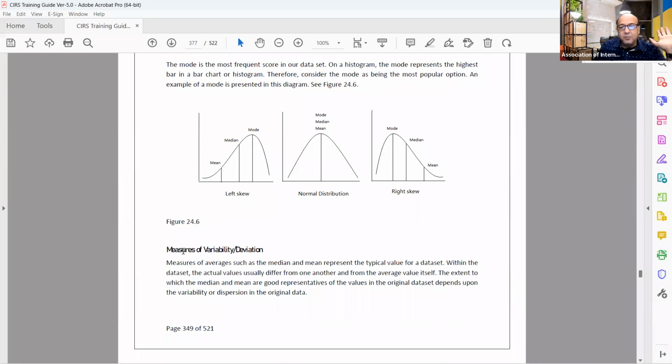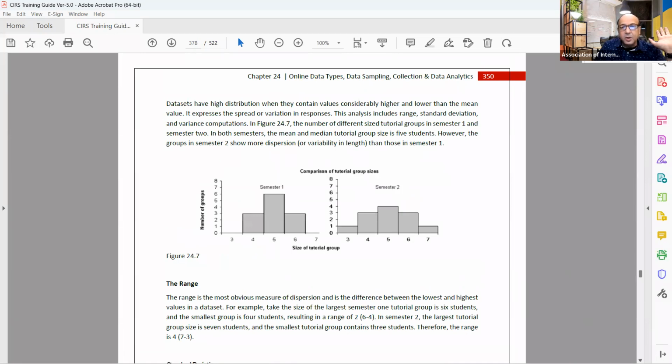Then we've got measure of variability. Variability is to talk about where there is more concentration of numbers on the x-axis versus the y-axis. Just to get a picture, when you look at a chart presented somewhat like you're seeing right now, you would know what it means.